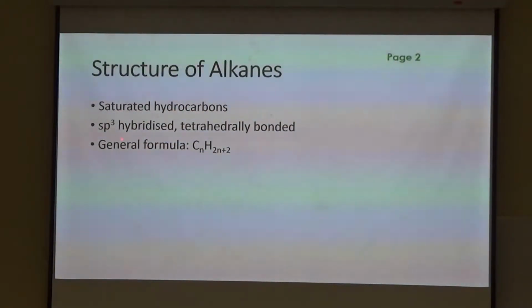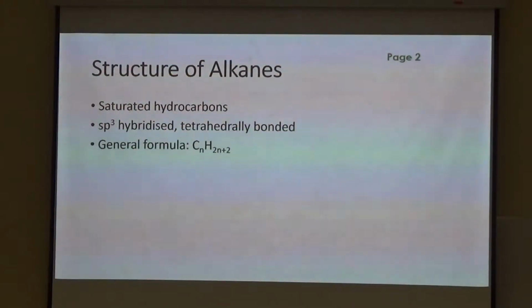If you are still not very sure what is hybridization, please refer back to your intro to organic chem. Because it is 4 sigma bonds, it will be tetrahedrally bonded with a bond angle of 109.5. Back to your chem bonding, whereby you need to know the shape.